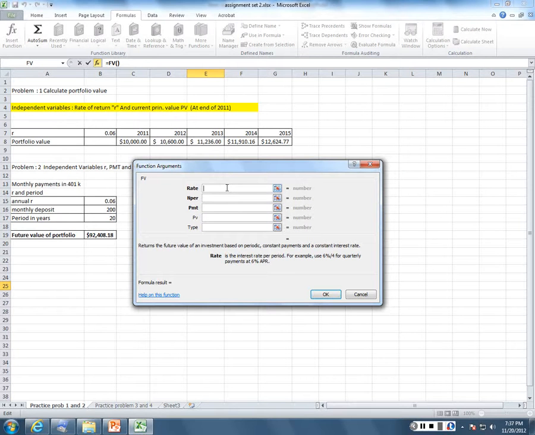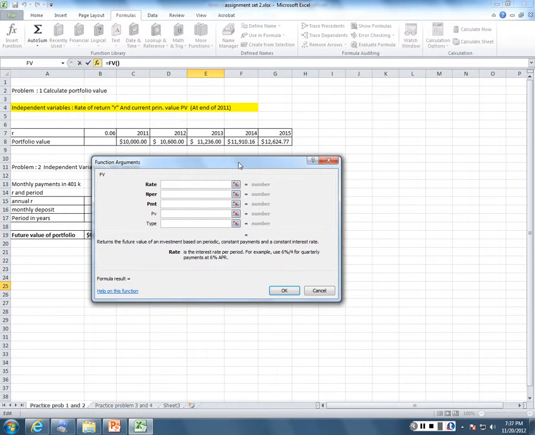Now, the other thing I asked you to do was also look at the portfolio value. An example I've given you is to use, I think, 6%, payment is monthly, obviously, and then you do the calculation.